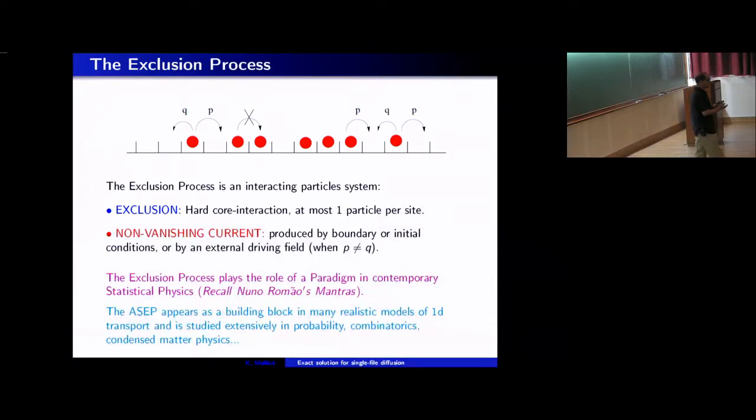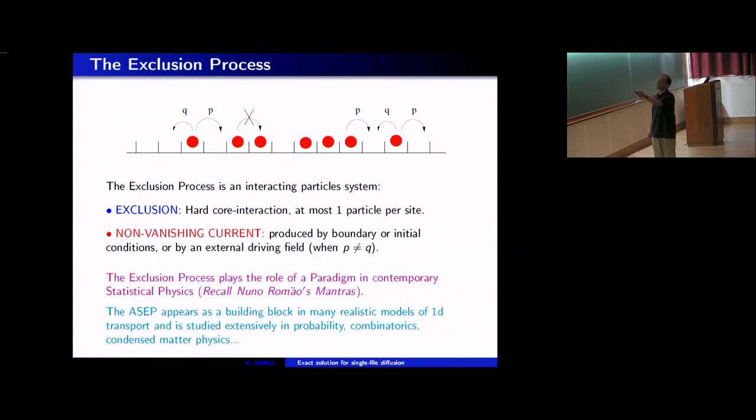So you have this exclusion constraint. It is a classical model. There is no quantum mechanics here. It's a two-body interaction by hardcore, and this two-body interaction makes it into a non-trivial many-body problem. So it's really an n-body problem due to exclusion.